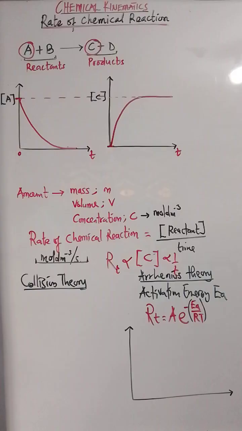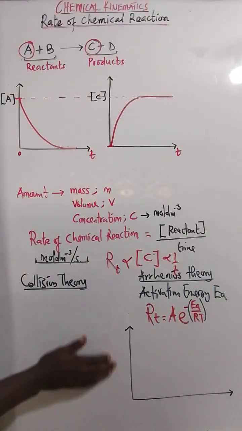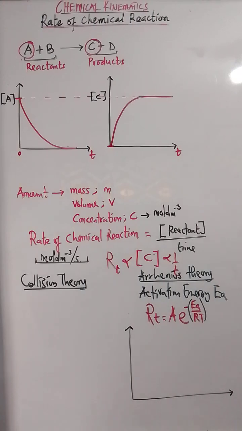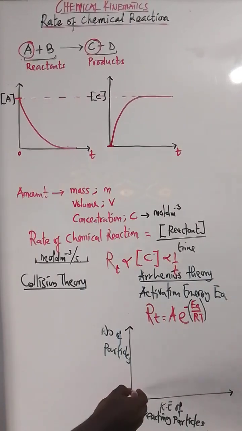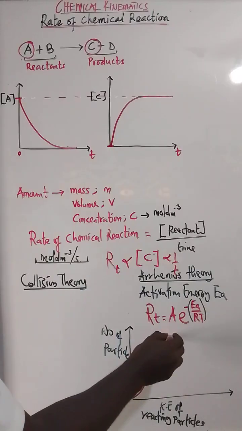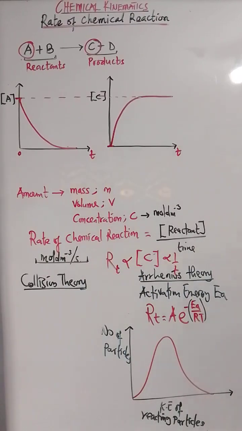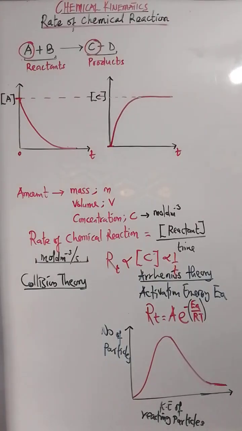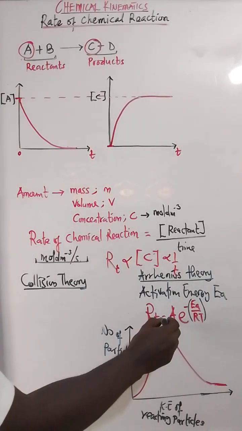Although under certain conditions, it can be lowered. Now let this axis represent the number of reacting molecules or particles, and let this represent their kinetic energy. So we are going to have something like this. This particular distribution does not touch the x-axis. This is the distribution for a particular reaction, and let's suppose the initial temperature is T1.